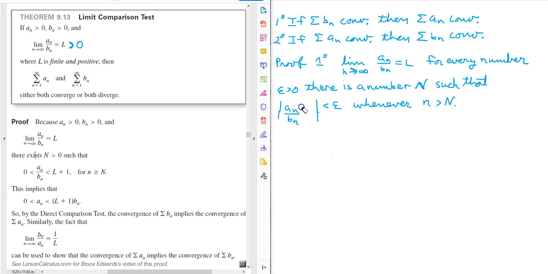Let me just move that down here. Looks like that. And also keep in mind that this number N is usually a function of epsilon.